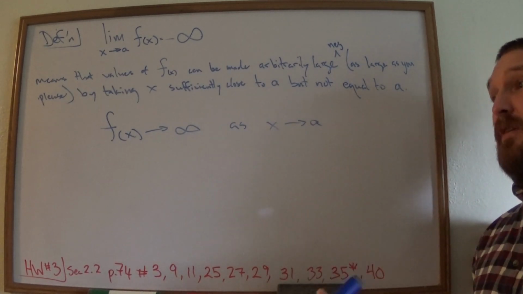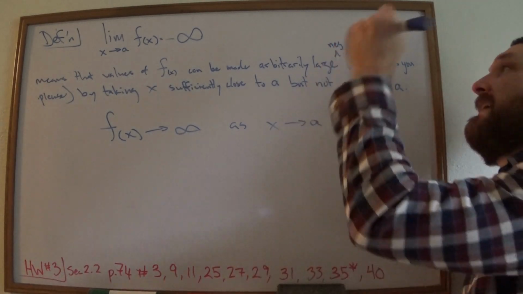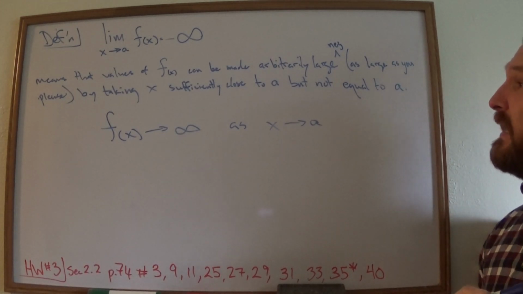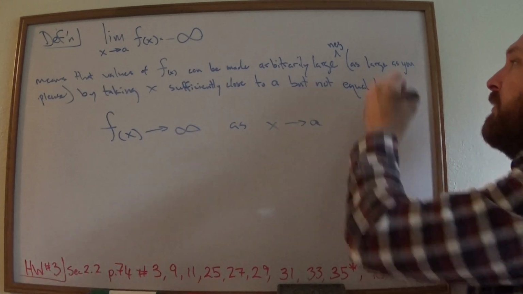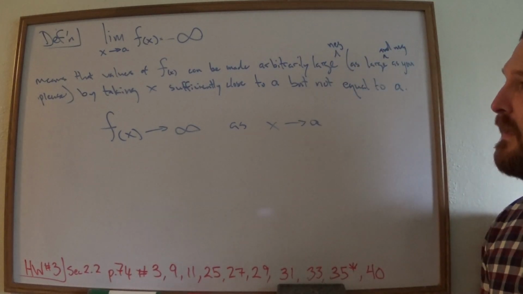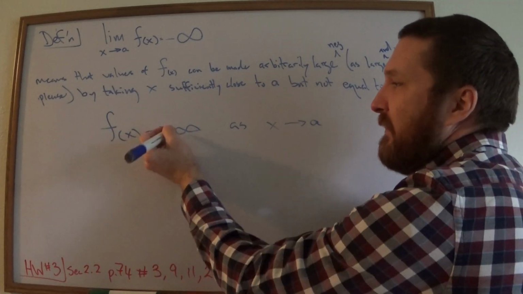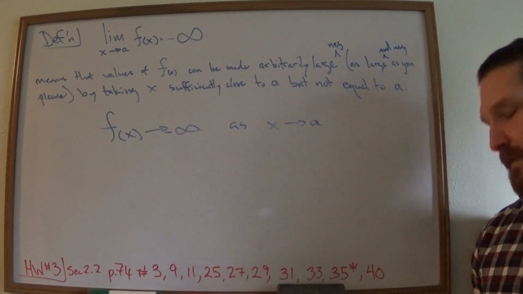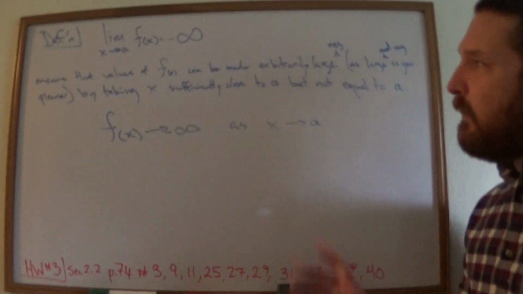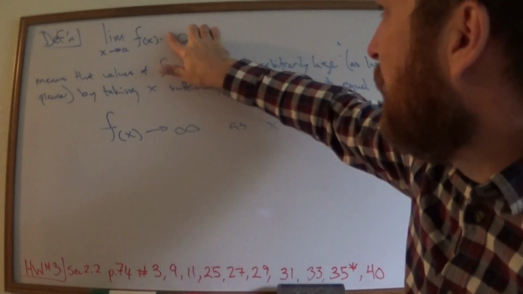You're making it arbitrarily large negative. So it's as large and negative as you please by taking x sufficiently close to a but not equal to a, and you would say that f goes to negative infinity as x goes to a. So it's exactly the same thing, right? I just wanted to use the positive version here.